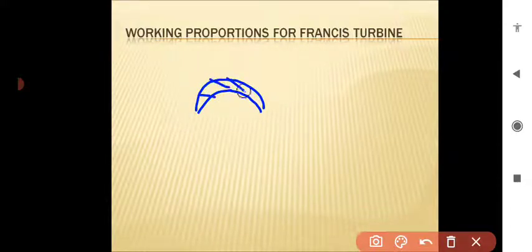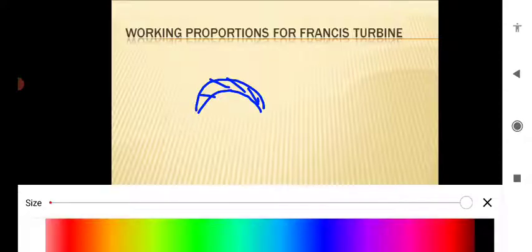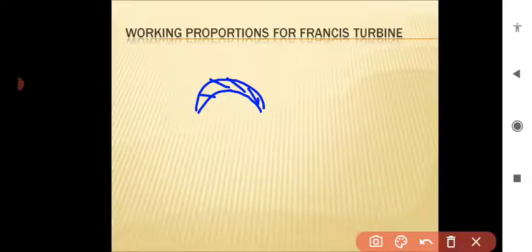Assume this is a blade and the velocity of the flow is tangential to it.